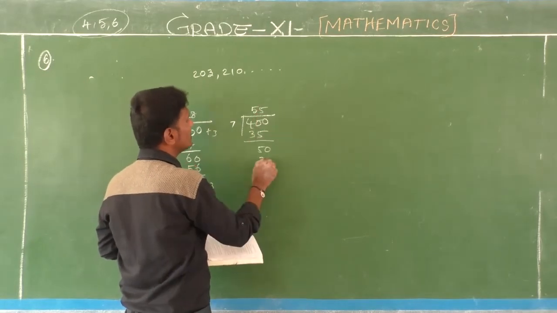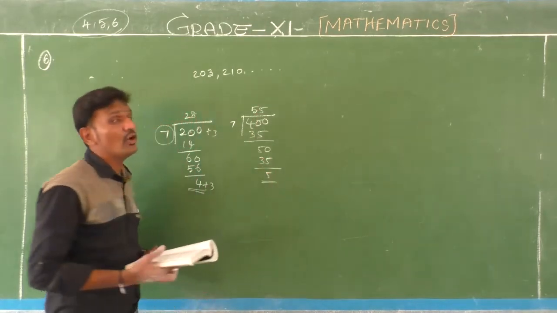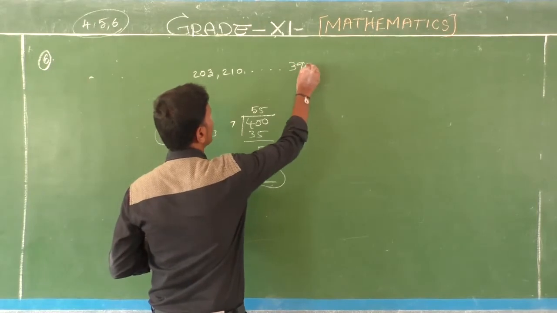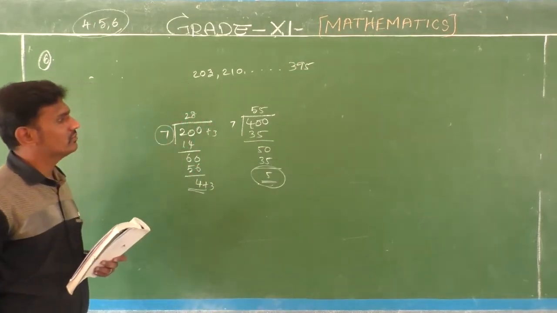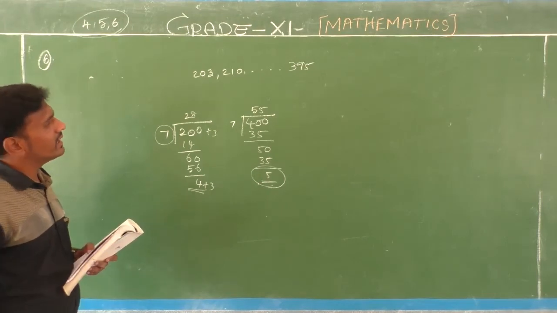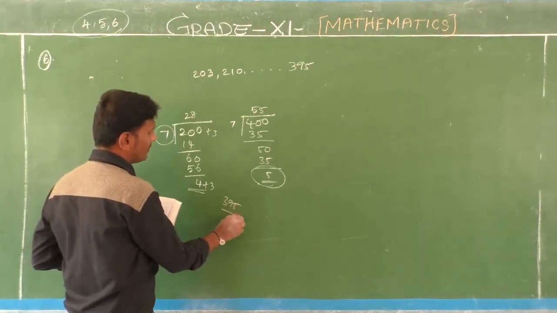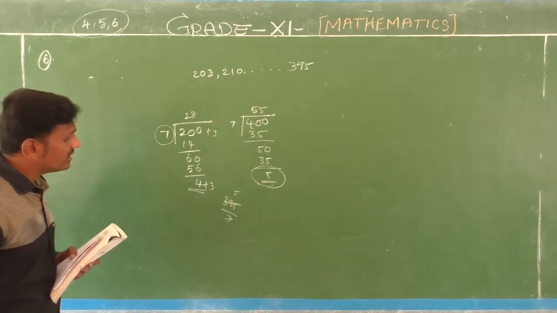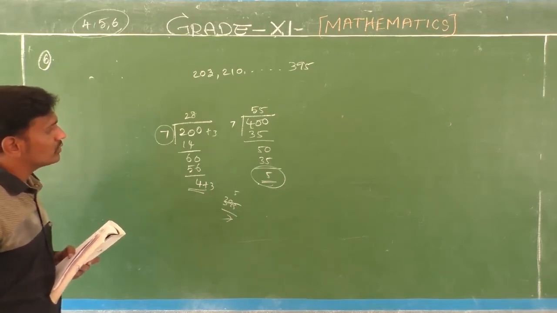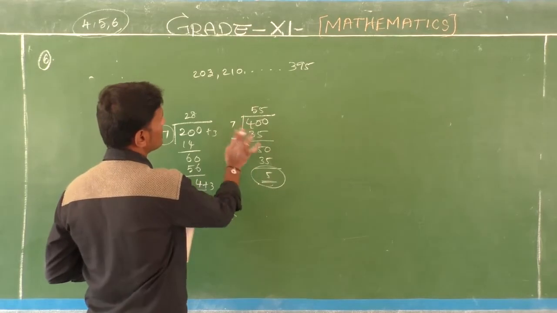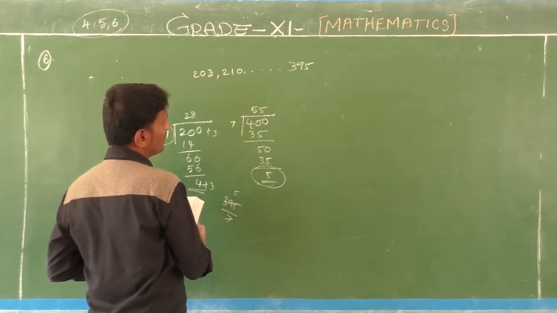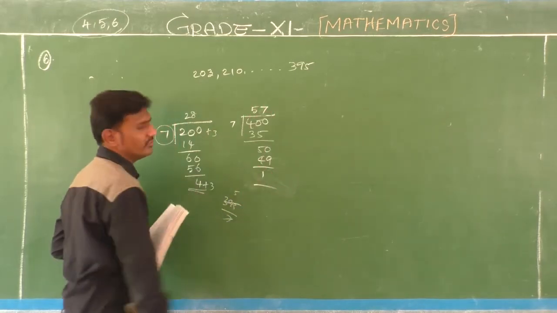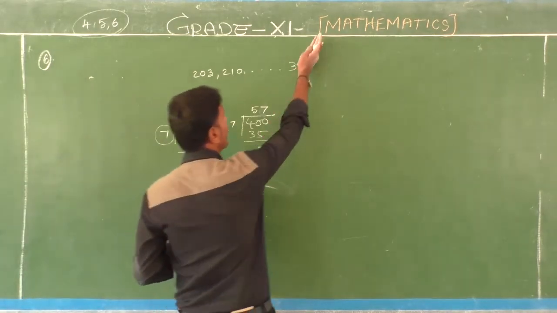So again 7 7s are 49, remainder 1. So what number do you subtract here? 1. Let me check 395 divided by 7: 5 7s are 35, remainder 5, 50. Sorry students, 7 7s are 49, so only 1 you subtract.